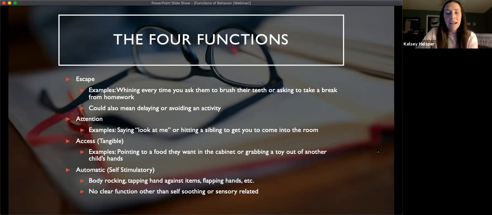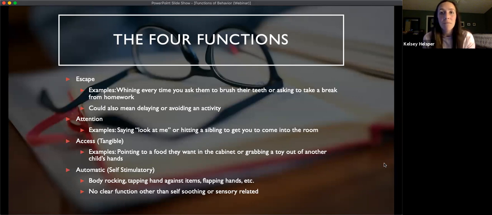Access. So, we also use the word tangible a lot. So, access to a tangible item. So, tangible just meaning something that they can hold, they can touch. So some examples of that would be pointing to a food that they want in the cabinet. So I'm not sure how your kiddos communicate.